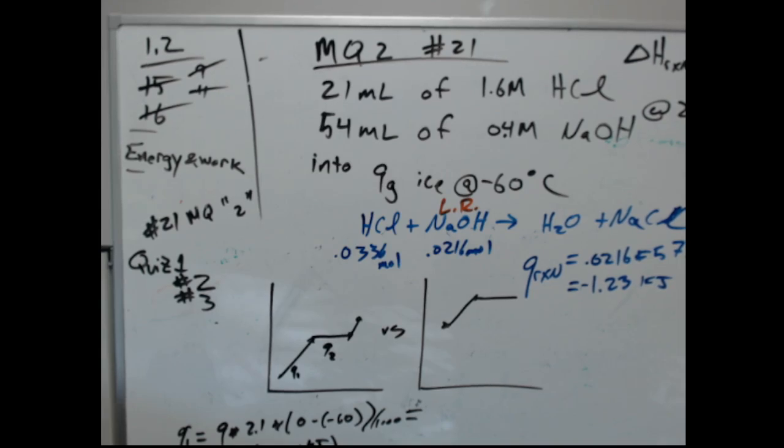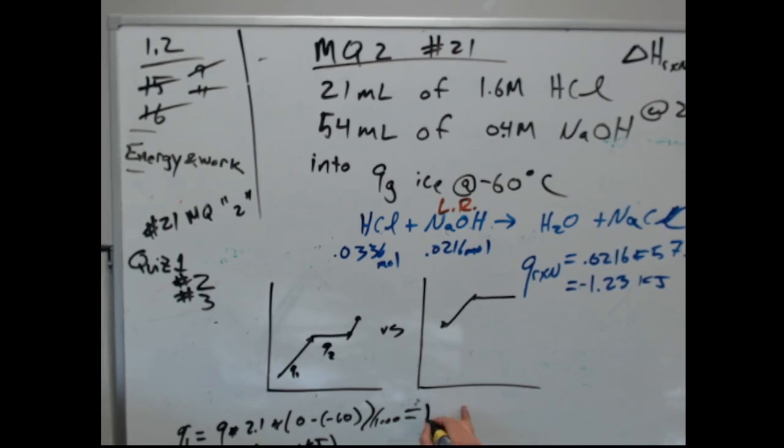To tell whether all the ice is going to melt. I think it is, because we've got 20 grams of water, but we'll see. Divided by 1,000. This is wild. Because there's only 9 grams of ice, did I divide by 1,000 or 100? 9 times 2.1 times 60, because the negative cancels out.